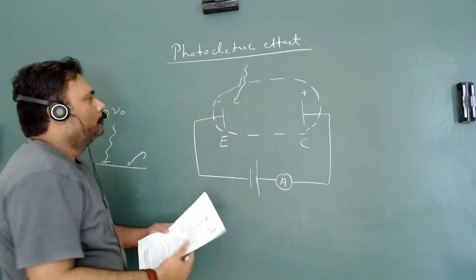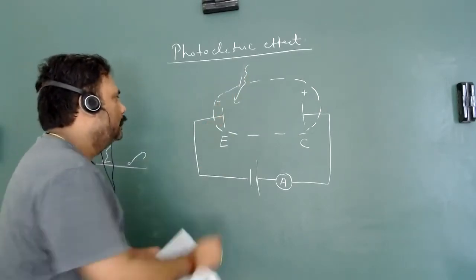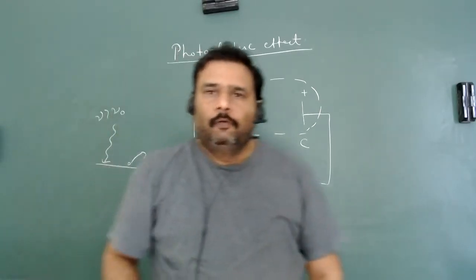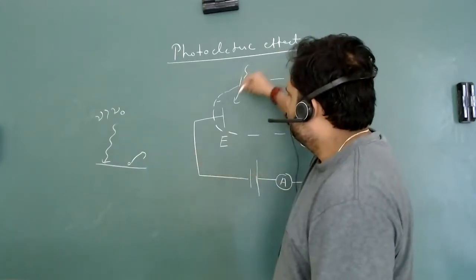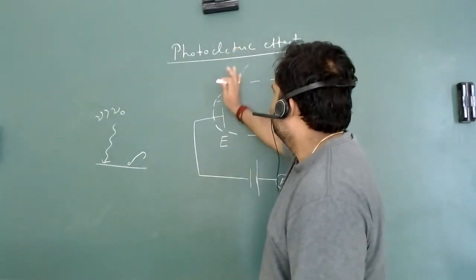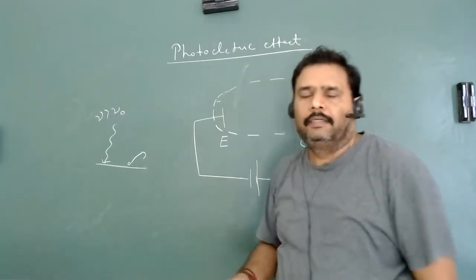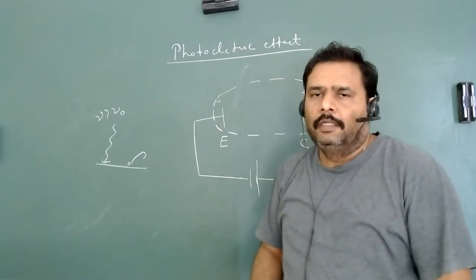We impose some light on this emitter plate. This light comes onto the emitter plate, and we have tried it with different colors and different intensities.